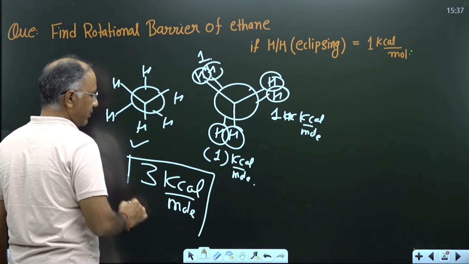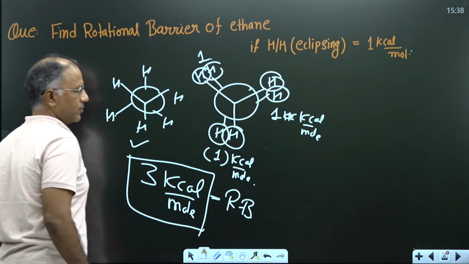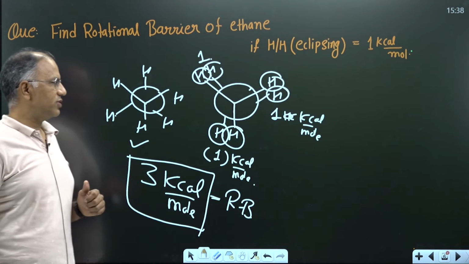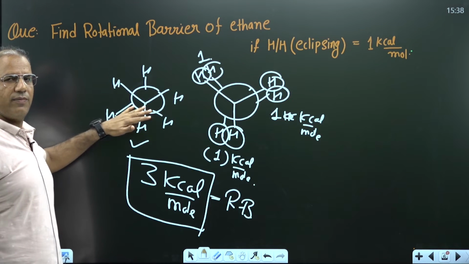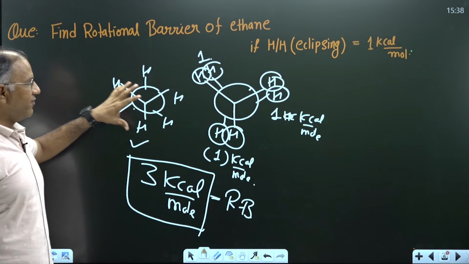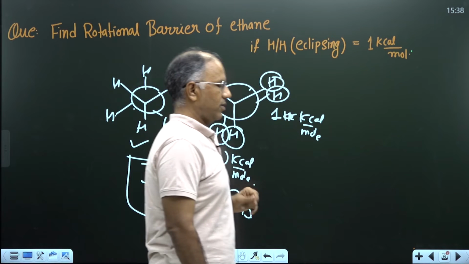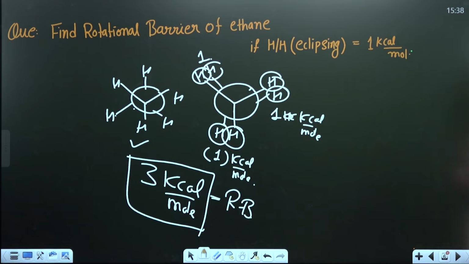This is the rotational barrier of ethane. The most important thing to understand in this type of question is that we have to assume the energy of the most stable conformer as 0. Then we can find the difference between the most stable and least stable. So write the answer in your notebook.